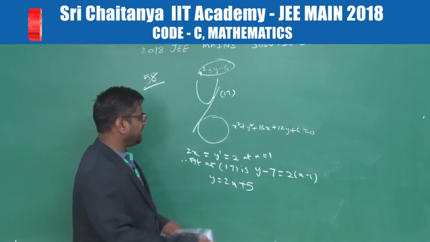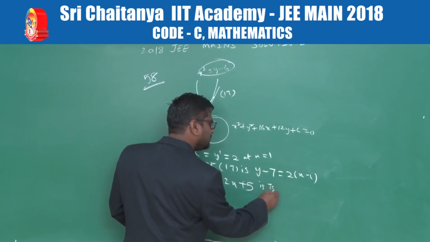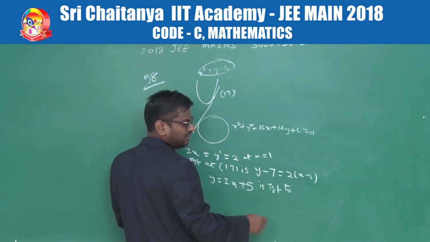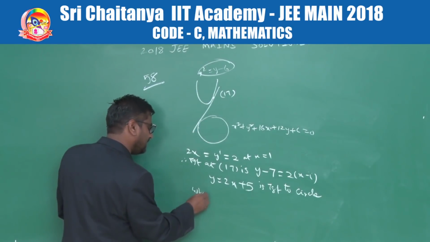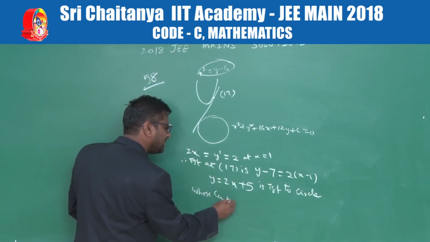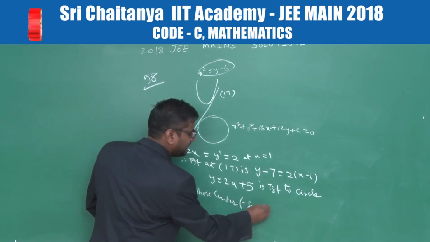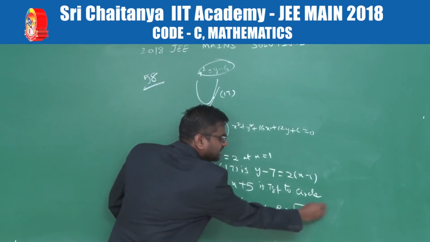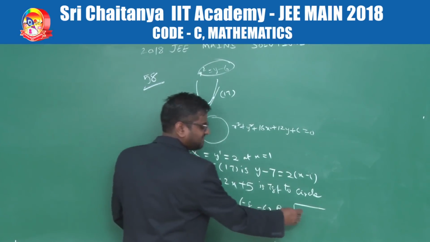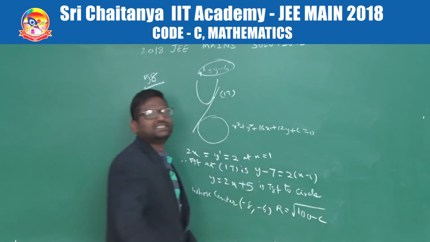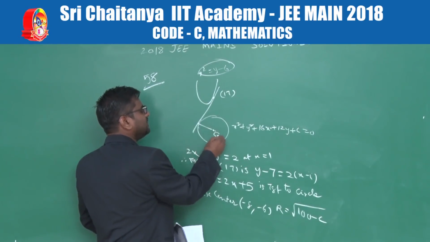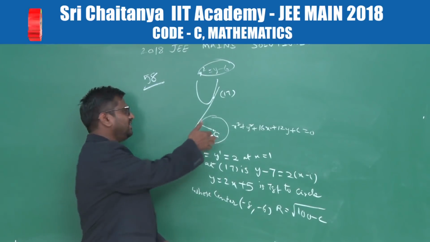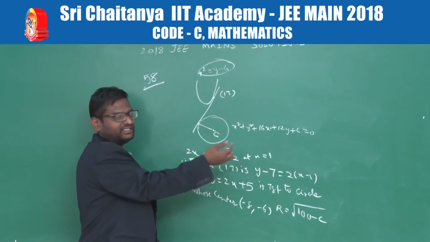Now, this line is tangent to this circle whose center is minus 8, minus 6 and radius, you can see, is under root g square plus f square minus c, that is root 100 minus c. Now, since the line is tangent to this circle, obviously the perpendicular distance from the center to the line should be equal to the radius.